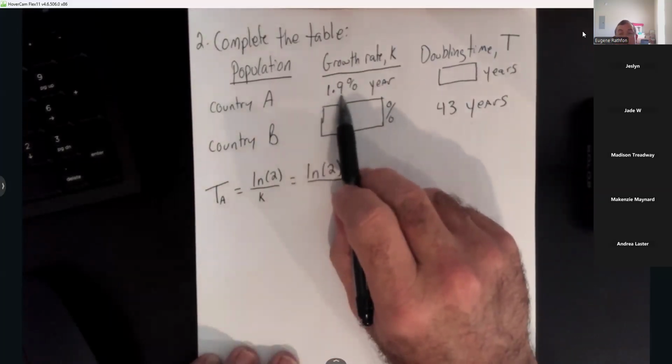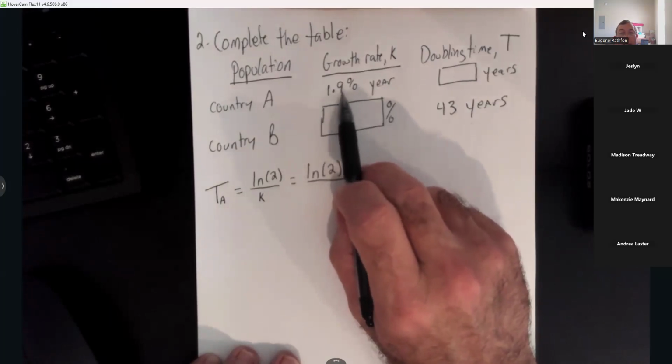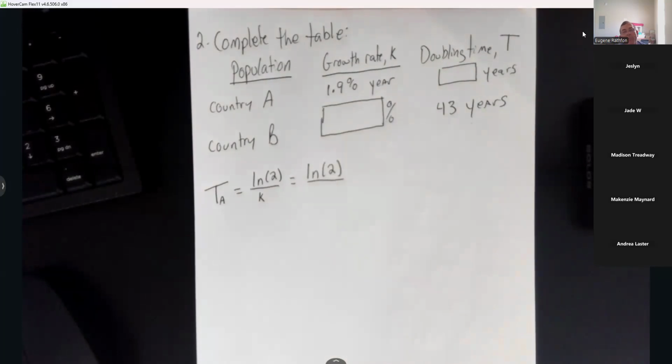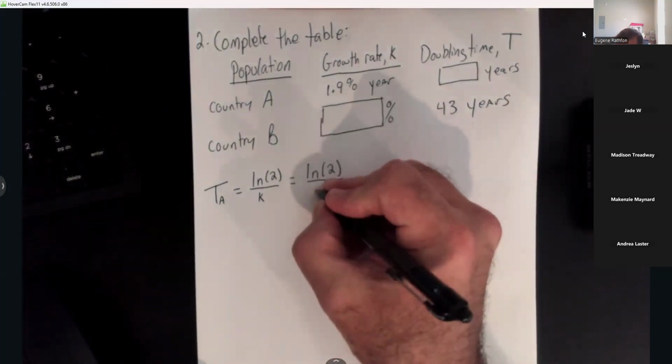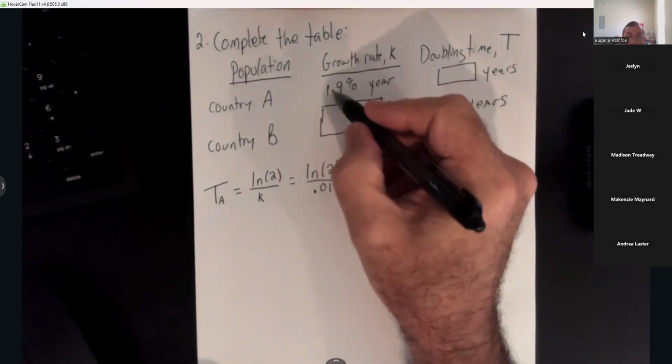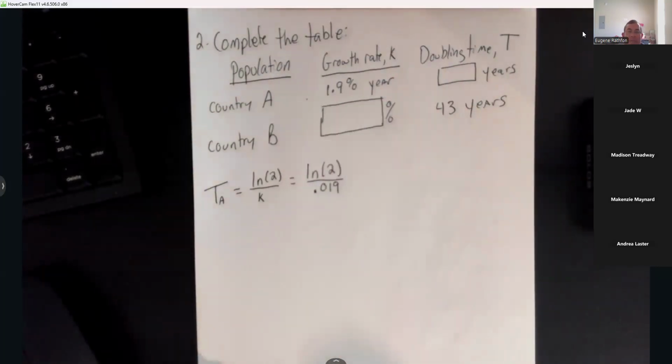The K for country A is 1.9%. So y'all turn that 1.9% into a decimal for me. What would I use as my decimal form? Well, y'all got 0.019, perfect. Remember, you're moving that decimal twice to the left.